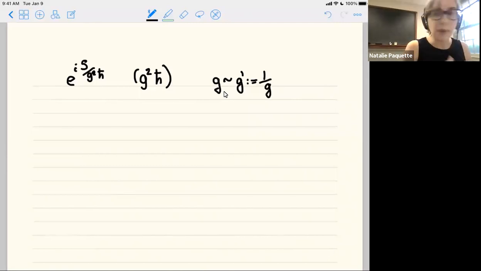But if I want to think about things in the h bar language instead of the language of the coupling, then what I'm doing when I'm doing my duality is trading a description in which quantum fluctuations are becoming increasingly large for one in which quantum fluctuations are becoming increasingly suppressed. And so this is kind of like a Fourier transform, where something that's extremely well localized in position space is very spread out in momentum space and vice versa.